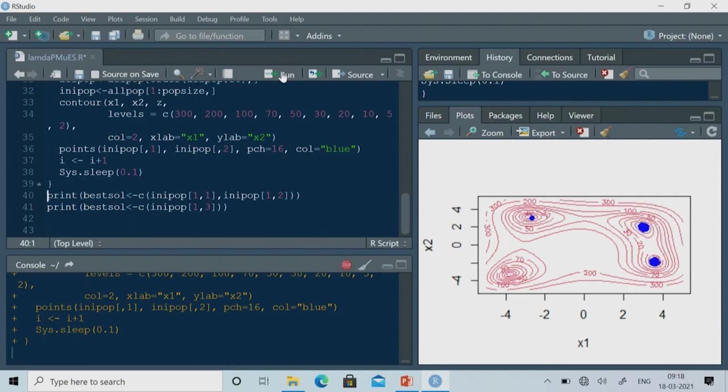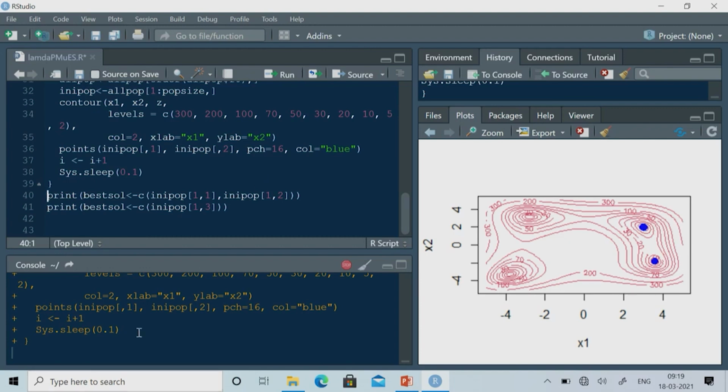We are trying to get all these three, but when comparing, this solution vanished, so again we are getting these two solutions. It is still running, because now it will go up to 200 iterations and the population size is also larger.